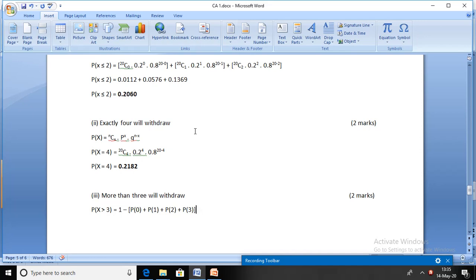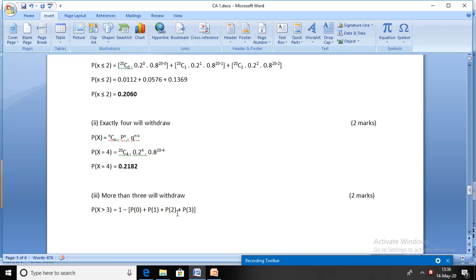Like that. When you take the total probability, which is 1, minus the probability of 0, 1, 2, and 3, whatever remains will represent the probability of more than 3, which is 4, 5, 6, up to 20.